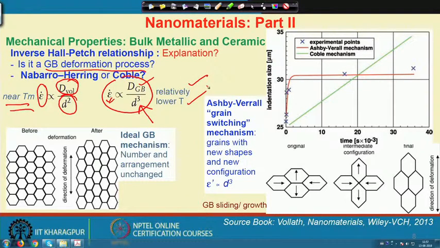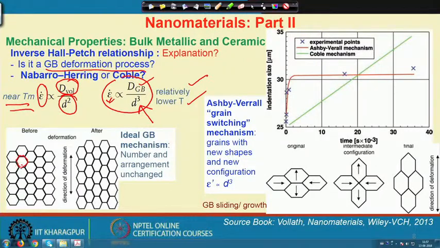However, this occurs at a relatively lower temperature. So, grain boundary controls this process, and in case of an ideal grain boundary mechanism, if these are the grains and these are the regions which are basically a large grain boundary region, if we simply put some stress, the grain becomes elongated, and this would be the ideal structure where the number and the arrangement remain unchanged.